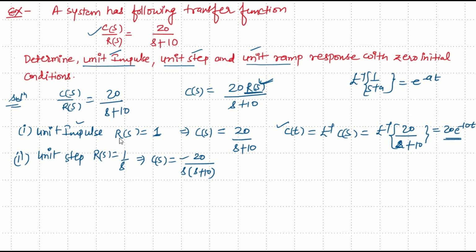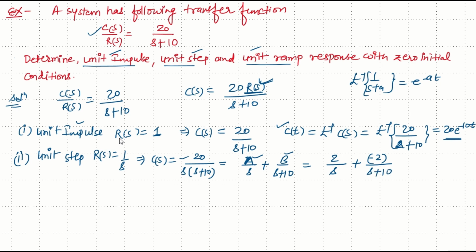Now we cannot determine the inverse Laplace of this expression directly. We need to do the partial fraction first. Let us suppose the partial fraction is A by s plus B by s plus 10, and you can easily determine the value of these constants. Let me write it directly. The value of A comes out to be 2 by s, and the value of B comes out to be minus 2 by s plus 10.